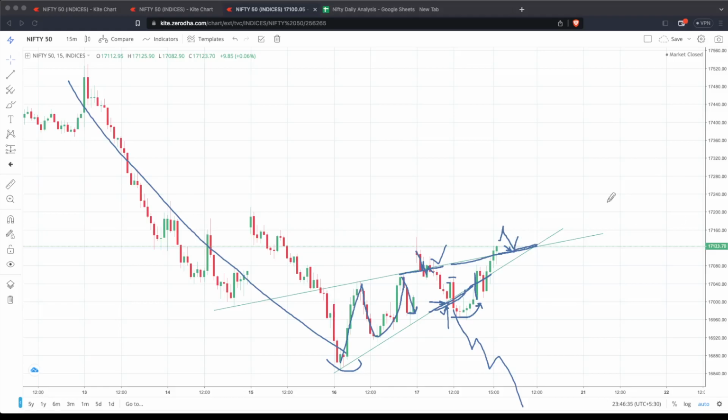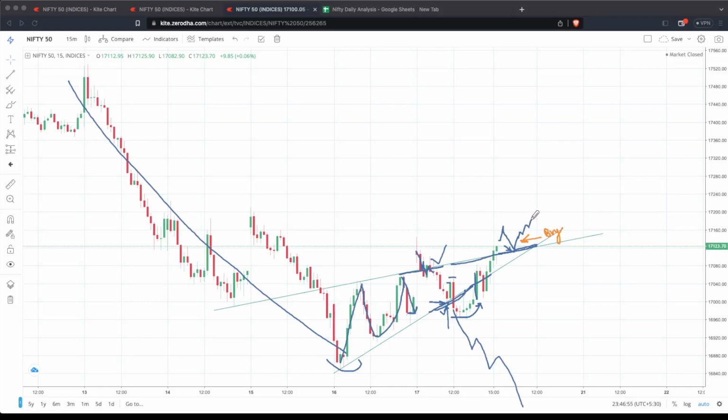So at this point, after a test of the support, you can buy. And if price starts rising up steadily, that is fine.